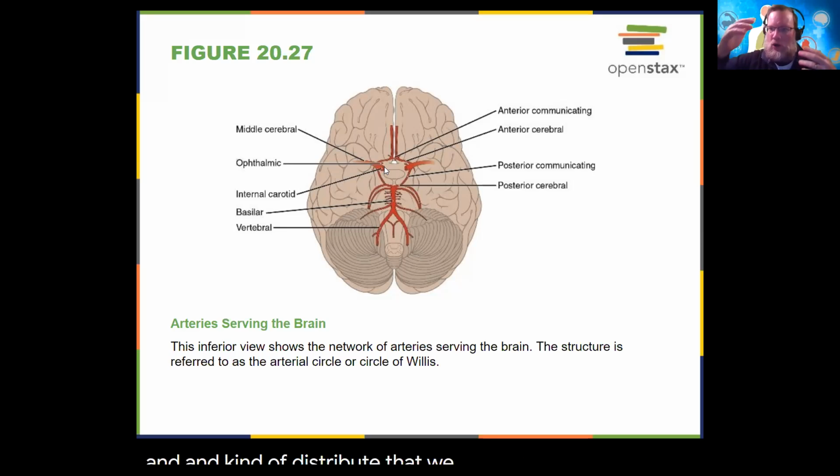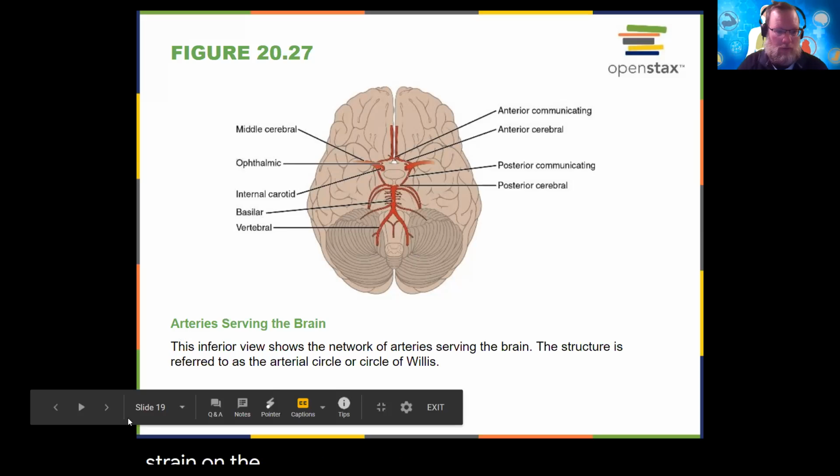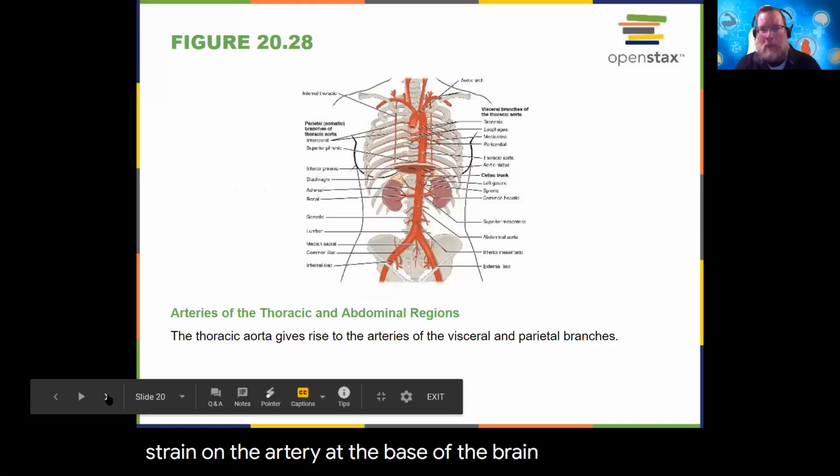That artery often gets weak because of the high blood pressure. That's why chronic stress, where your heart rate's up all the time, means you've got some issues going on, right? Over time, that can lead to extra stress and strain on the artery at the base of the brain.